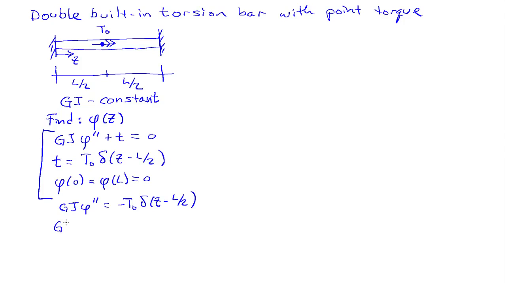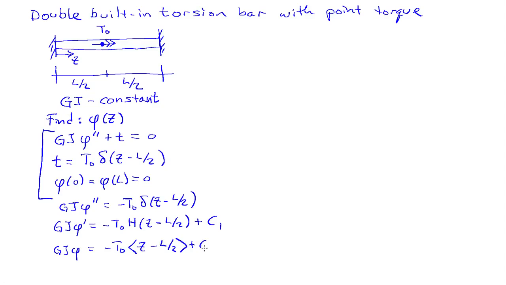Integrate once, GJ phi prime equals minus T0 H of Z minus L over 2 plus a constant, H being the step function, and then GJ phi is equal to minus T0 Macaulay bracket Z minus L over 2 plus C1 Z plus C2.